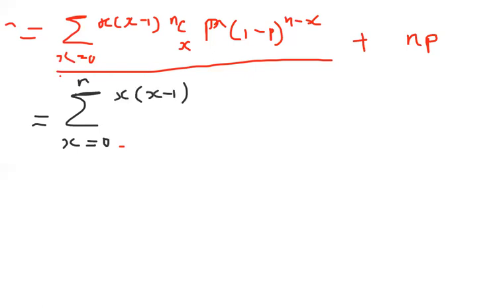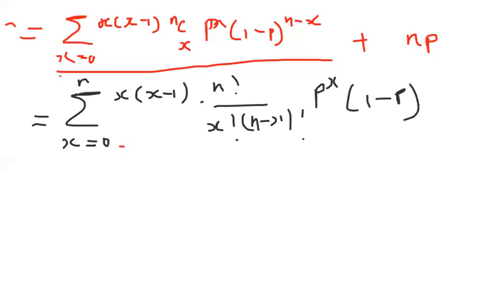Then let me expand the combination. That will be n factorial all over X factorial, then n minus X factorial, p raised to the power X, 1 minus p, n minus X. Okay? Yes, once we have this, let's try and expand this one.